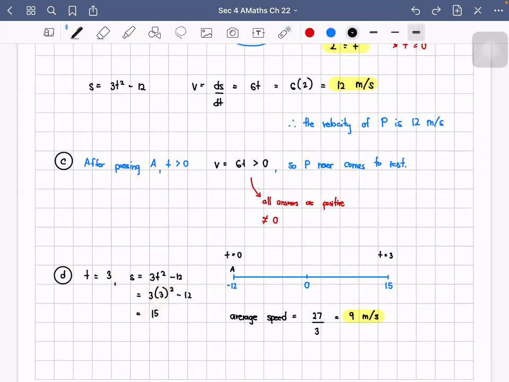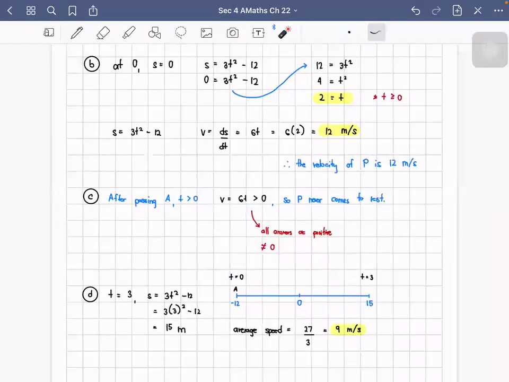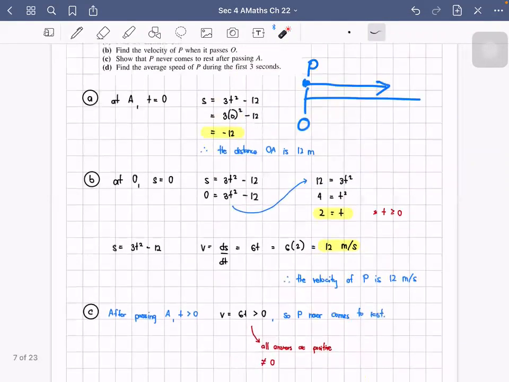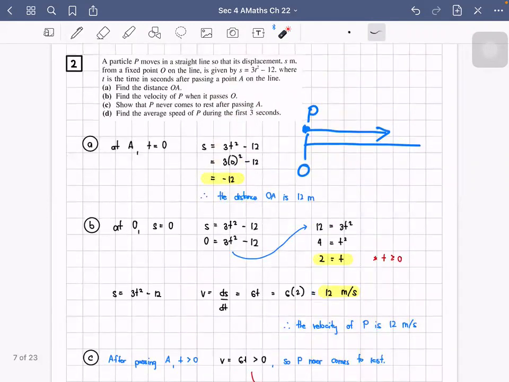15 meters. So when you illustrate that, A here is negative 12, right? Let me erase this.